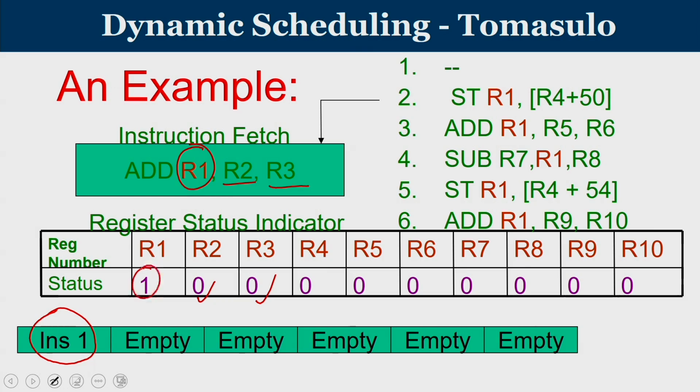That is why RSI value of R1 equal to 1. So if anybody wants the value of R1, they should not go to register file. They should look into the value that is produced by execution unit number 1. This 1 indicates the name of the functional unit that will produce a value to be updated to R1. So that is the role of this.